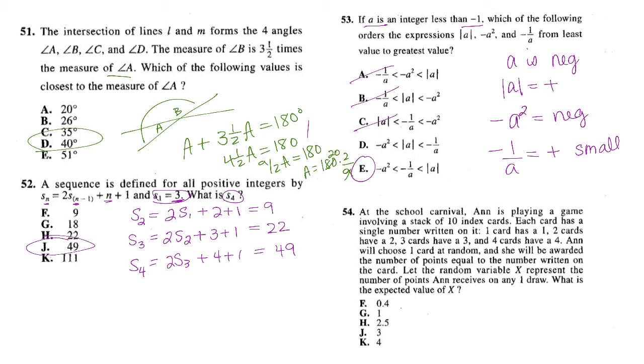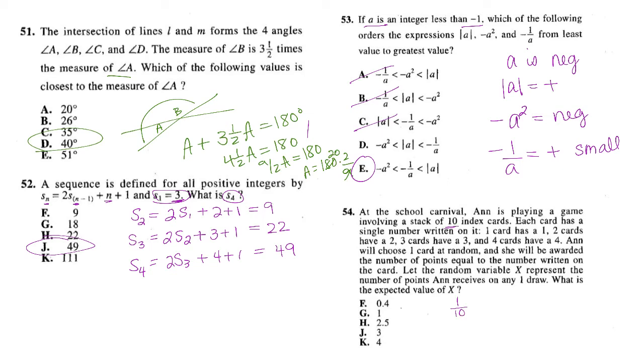All right, so let's continue on. And here on 54, we're talking about expected value. Now, expected value is kind of interesting. We look at the probability and we multiply it by how many times it can happen. So we've got an index card, and each card has a single number written on it. One card has a 1, 2 cards have a 2, and so forth. So when we talk about that, we have 1/10, because there's a total of 10 cards.